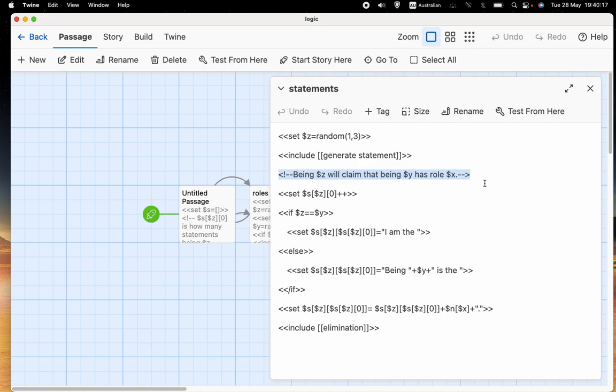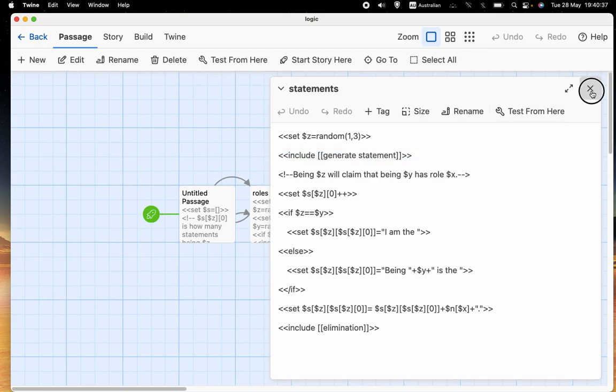But it's logically equivalent to claiming that being 2 is the thing. It just seems more natural to say I am the devil rather than being 2 is the devil when it's being 2 speaking. So let's go to generate statement, and then we'll come back to the rest of this code later.